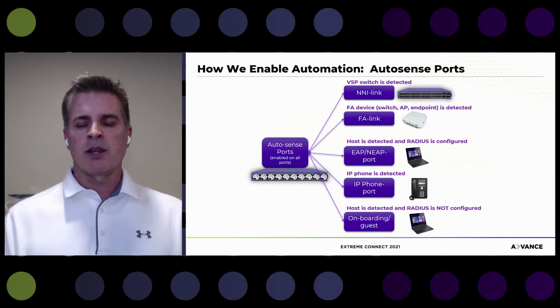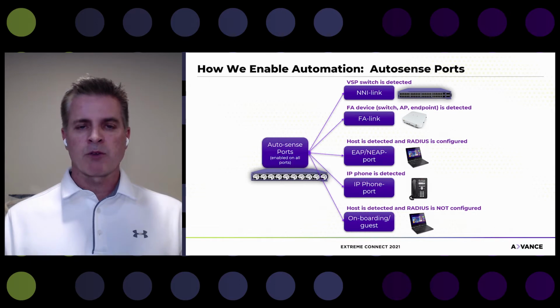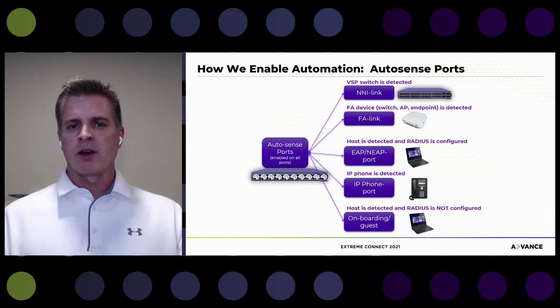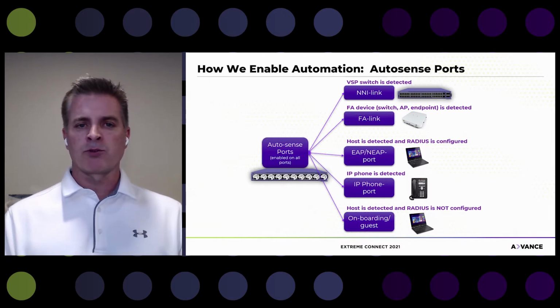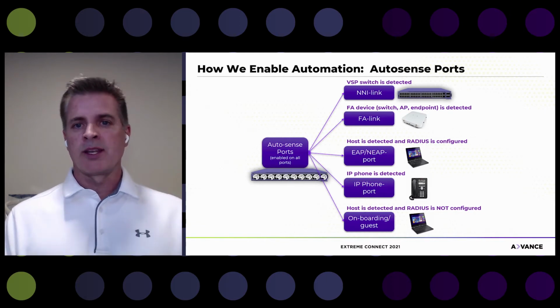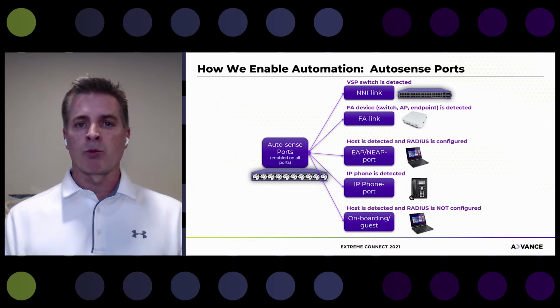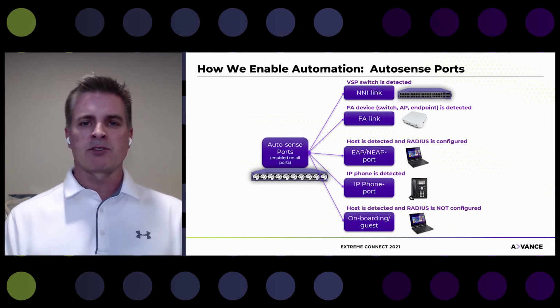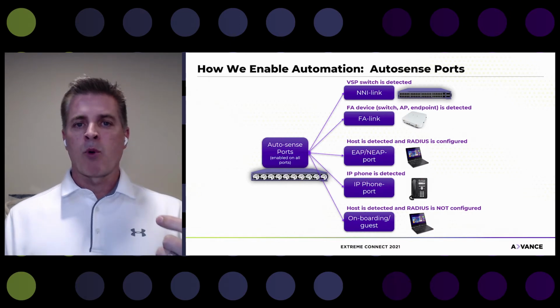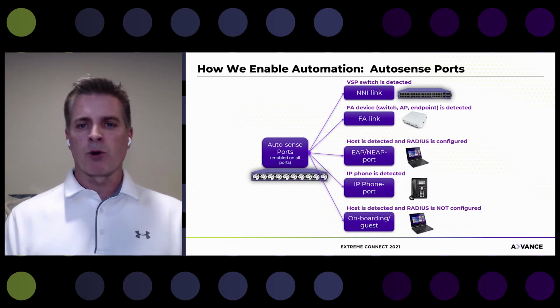So if you're plugging a new VOS switch into an already configured VOS switch, and it's an NNI link, the new switch will now receive a Fabric Connect configuration, and that NNI link will be auto-provisioned. If it's a device with Fabric Attach running, such as an ERS switch or an EXOS switch or one of our access points, that port state will change to an FA server port.